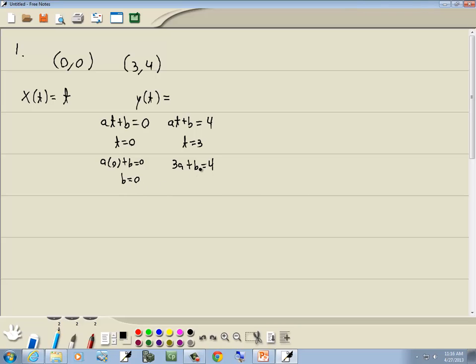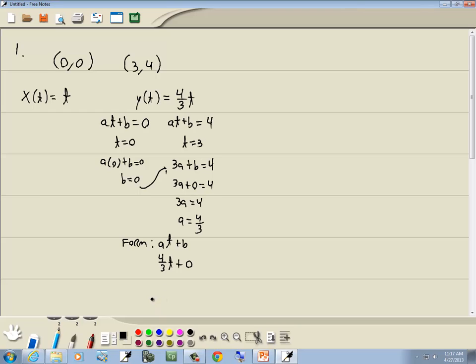B is equal to 0, so if we plug that into this one over here, we get 3a plus 0 is equal to 4. 3a is equal to 4, or a is equal to 4/3. Now our form of this one was at plus b. And we just said a was 4/3, so we got 4/3 t plus b, which is 0. So y is going to equal 4/3 t.